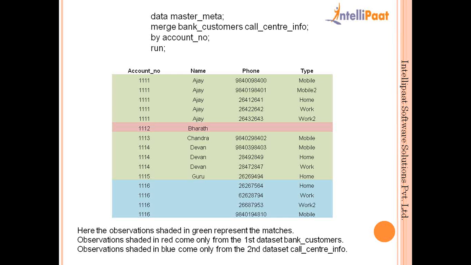Similarly, in the blue portion, you will see that you have account number, phone number, and type, but you don't have the name. The observations shaded in green represent the matches, observations shaded in red came only from the first data set, whereas observations shaded in blue come from the second data set.